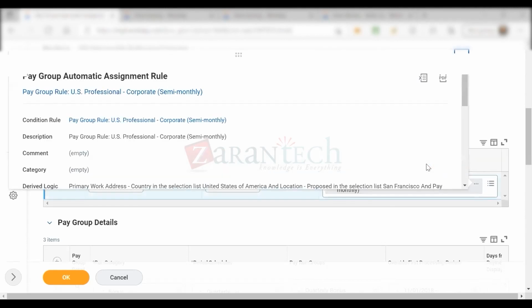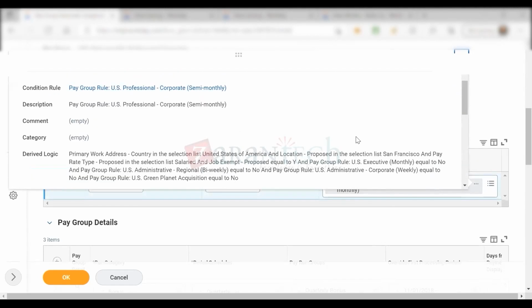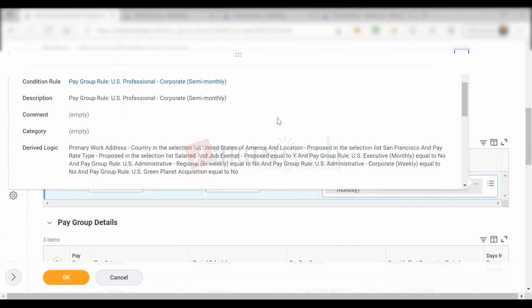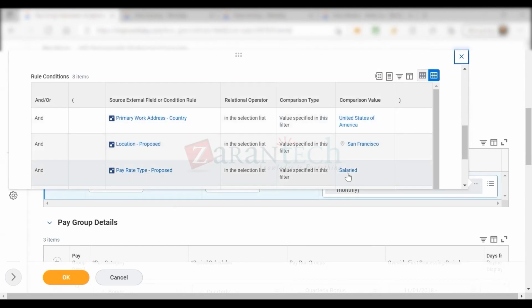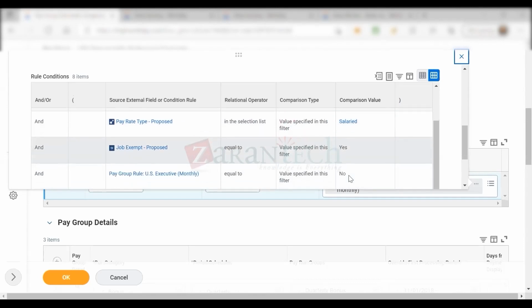It is just like a business process condition rule. What this rule is saying: if primary worker address country is United States, location proposed is San Francisco, pay rate proposed is salaried, and job exempt is yes, and the pay group rule equal to no. There is another pay group rule which says US executive.